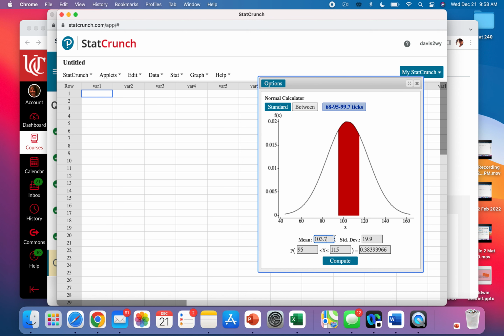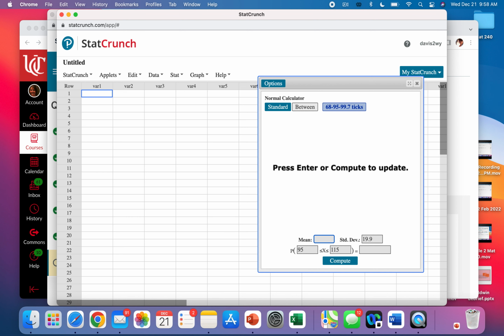Now if you don't have two screens, writing these things down on some paper really helps. 71.78. I'm going to put in a bunch of 3s. It said the unrounded values, which means put all those decimal places it gave you.